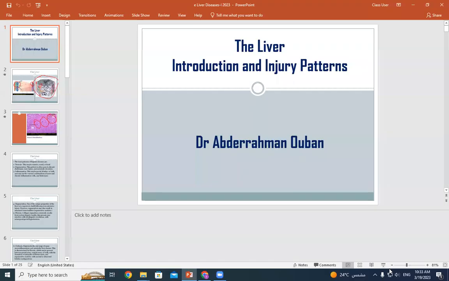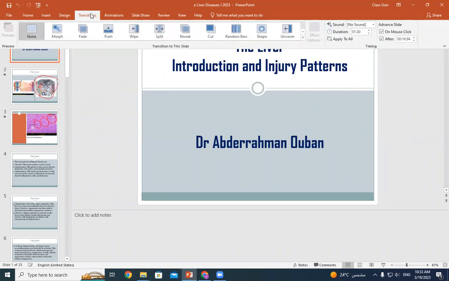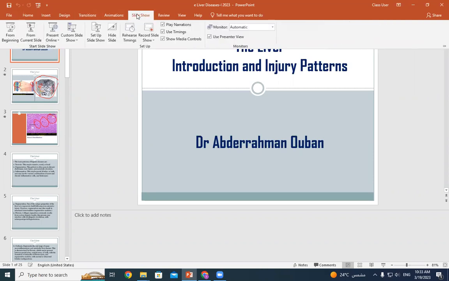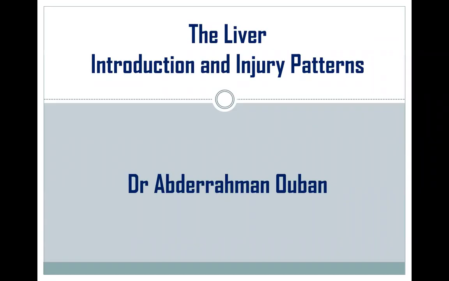If you ask me, how do you stop the automatic thing? I'm a very... transition. Is it transition? Must be. Slideshow. Record, rehearse, no. From beginning. All right, how do I stop the show? It's not a show because I need to spend more time on some slides. So how do you stop this? Any idea? Escape.